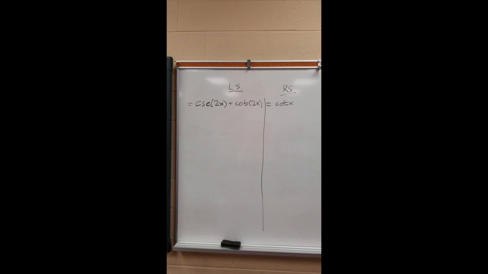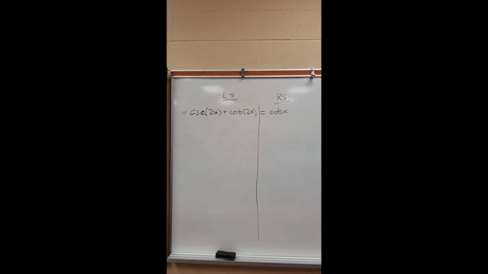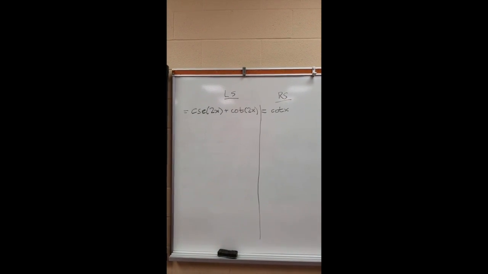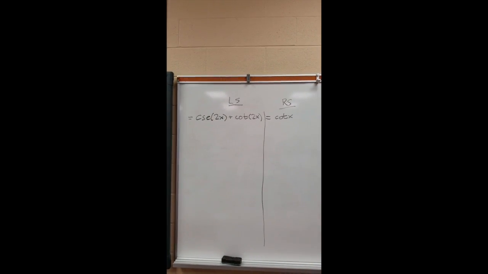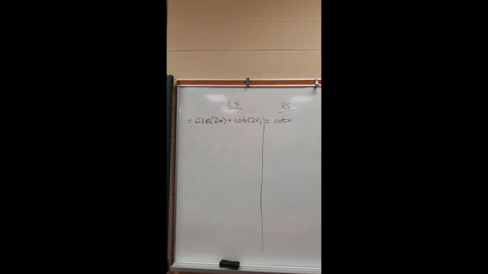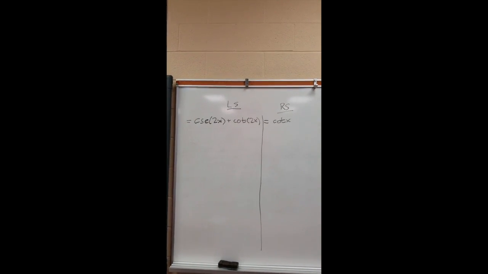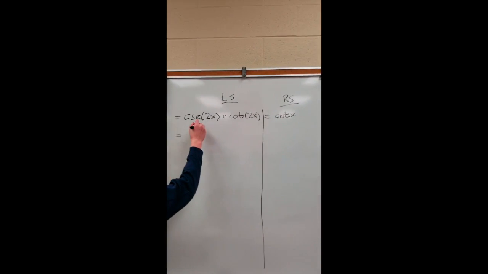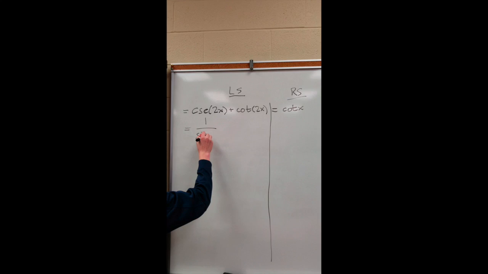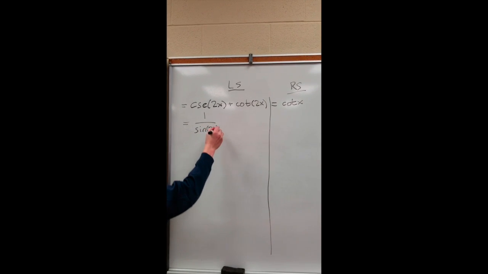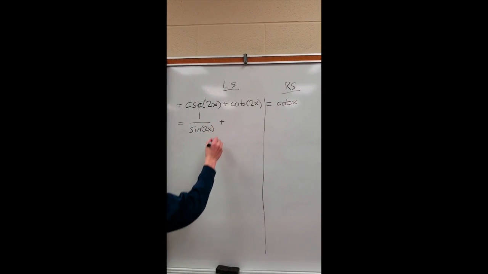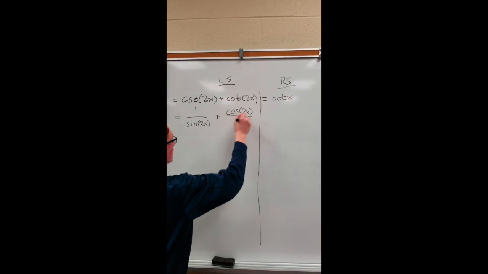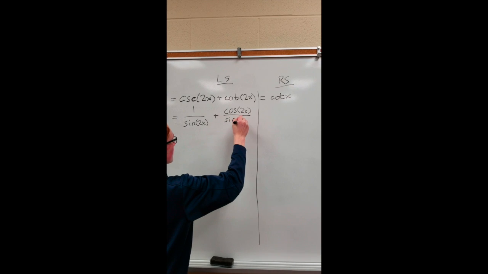Now that we've proven the double angle identities, we can move on and apply them to more complex trig identities, such as cosecant of 2x plus cotangent of 2x is equal to cotangent x. We can start by making the cosecant 2x equal to 1 over sine 2x, plus cotangent, which is cos 2x over sine of 2x.